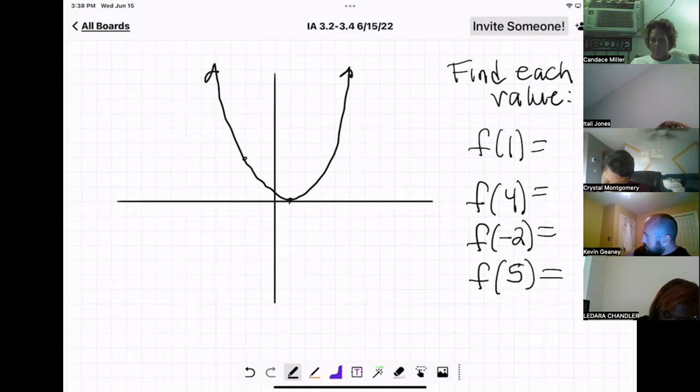So it's the same idea, but you don't have the equation. You have no equation to plug this into. You have to look at the graph. Now I'm going to add points as I show you how to do this so you can see what I'm doing. Let me label these. 1, 2, 3, 6.